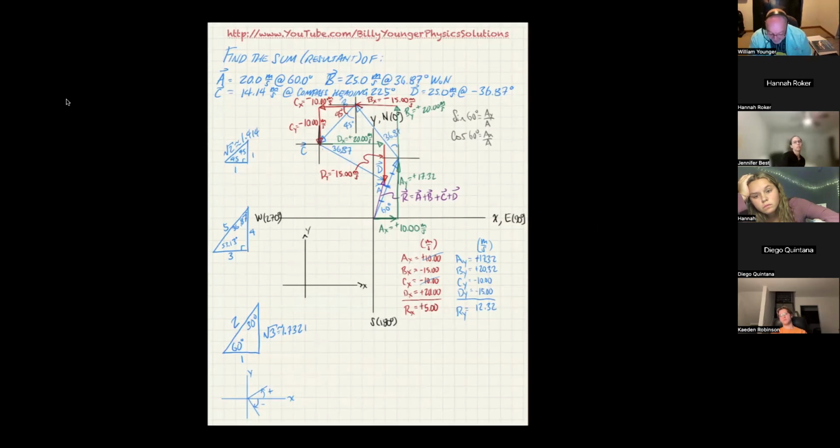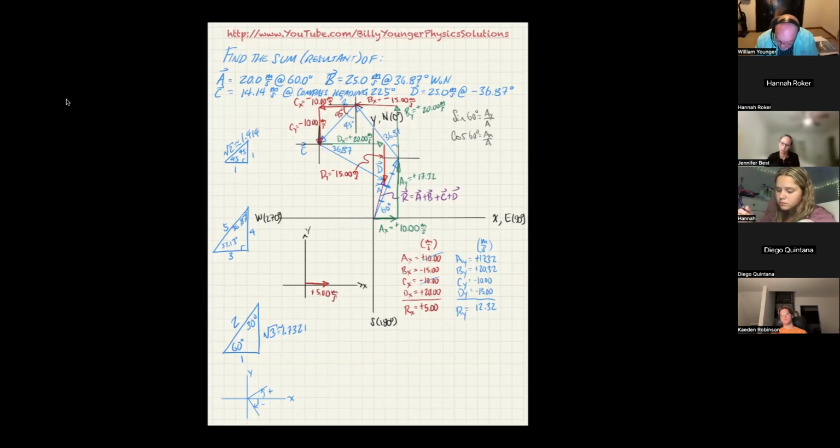And notice my x component is basically positive 5. So what I'm going to do is I'm going to say that maybe 2 lines is equal to 5. So that's positive 5.00 meters per second.